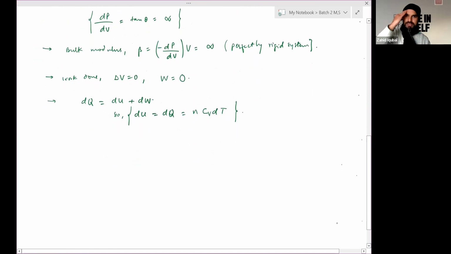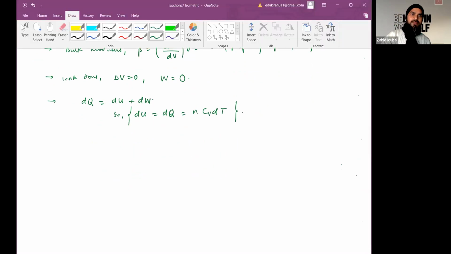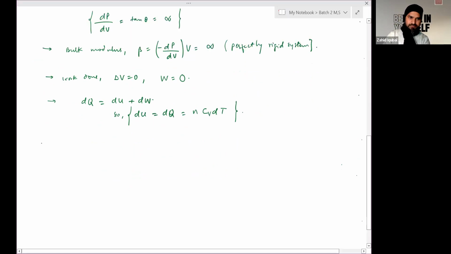Now, related to this process, you will be asked some conceptual question like, why do tires of vehicles on a long drive get burst?